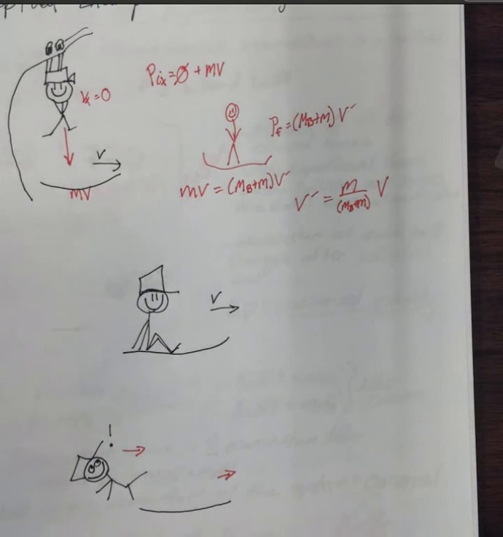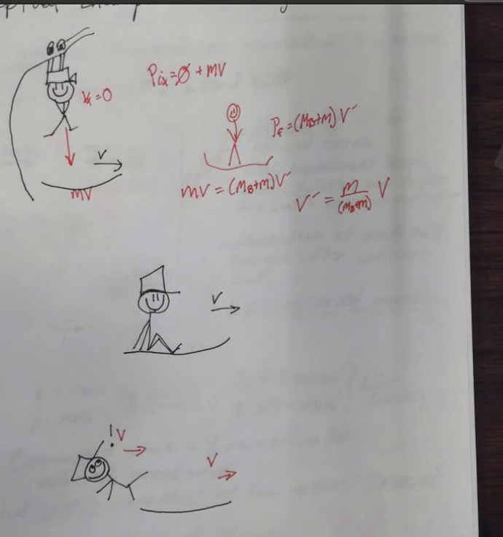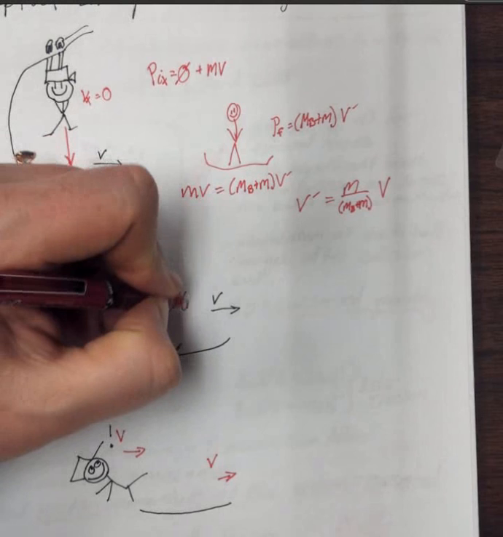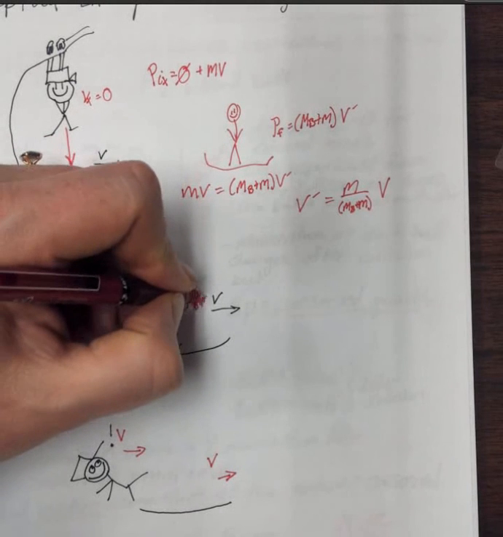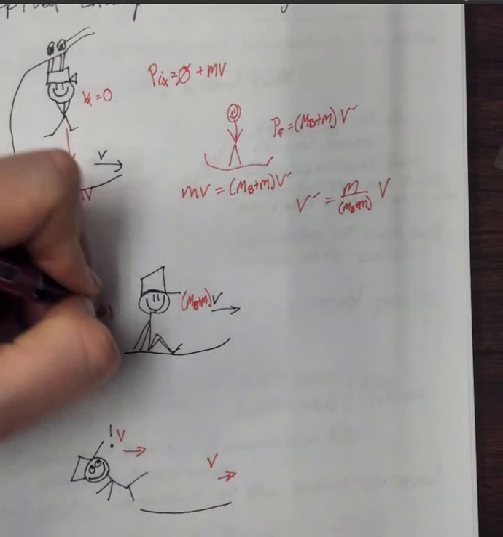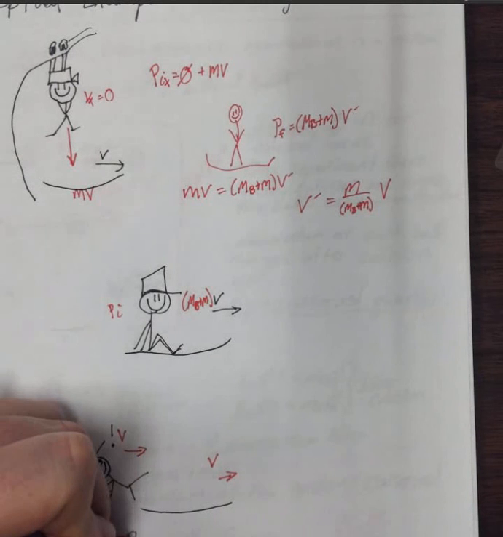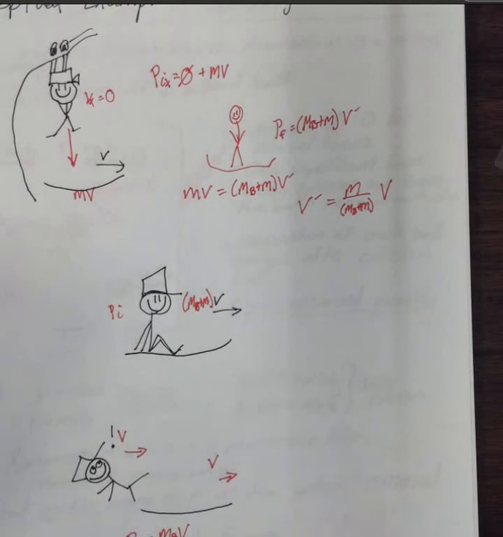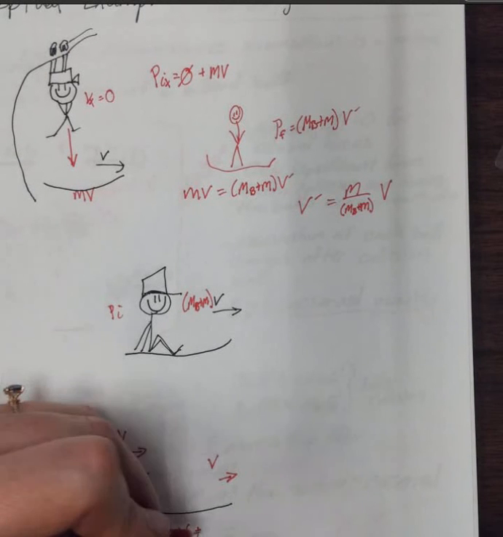So since Benny has the same velocity and the sled has the same velocity, the momentum here is (m_b plus m) times v before, and after it equals m_b v prime plus m v prime, the same velocity because he hasn't hit the ground or interacted with external forces.